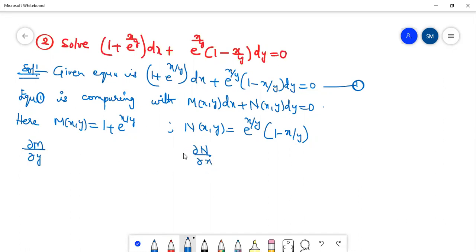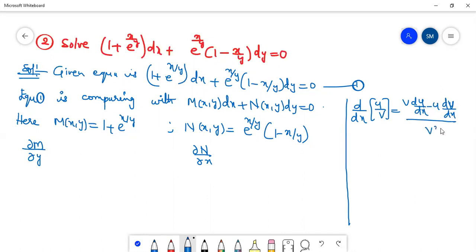If both are equal, we can say that the given equation is exact. Before that, we can discuss the normal derivative, that is d/dx of u/v is (v du/dx - u dv/dx)/v². Here d/dy of x/y is (y times derivative of x, which is 0, minus x times derivative of y, which is 1)/y².